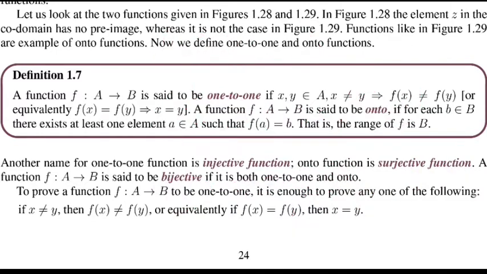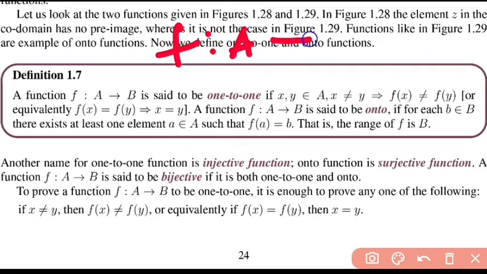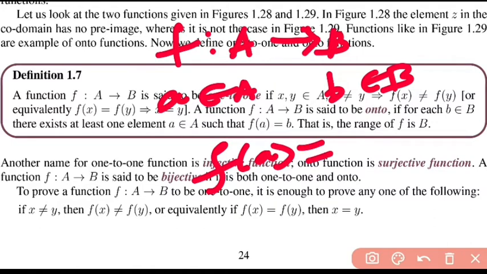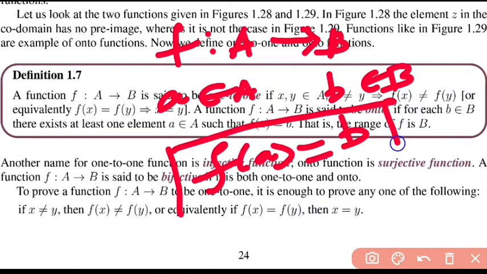Okay, next, onto function. In onto function, same f from A to B, a belongs to A and small b belongs to B, then f of a equal to b, where b is in the range. So all the values should come in the range B. So if f of a equal to b comes, it's an onto function.